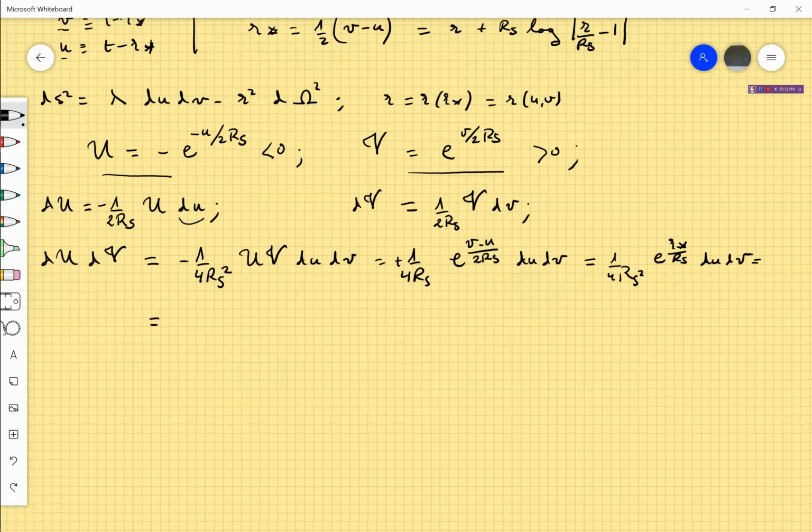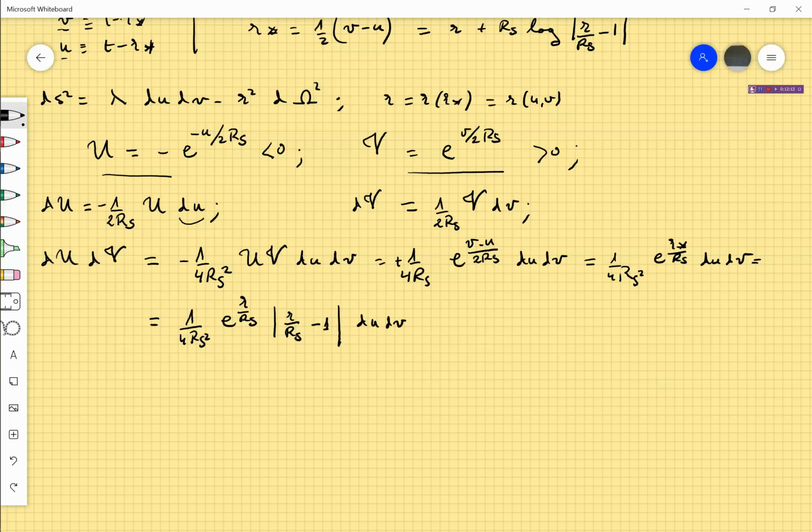Okay, if we use this here, we write 1 over 4rs squared, r divided by rs, and then the exponential of the log of r minus rs. So this is r divided by rs minus 1. Okay, dU dV, and okay, this is nothing but r divided by rs times lambda.